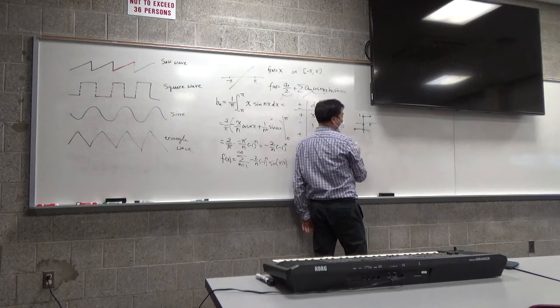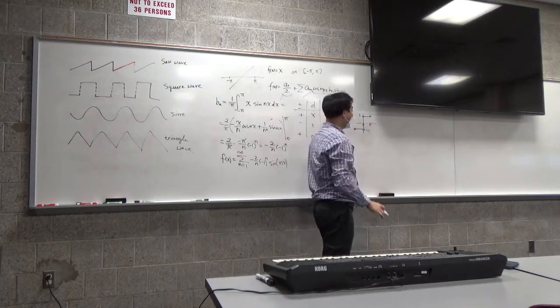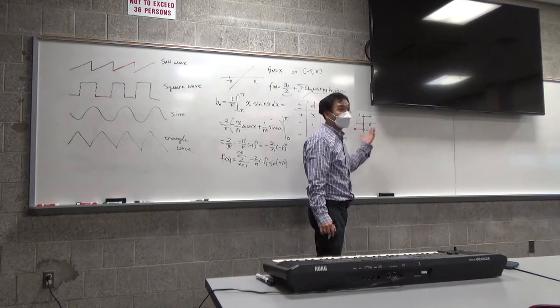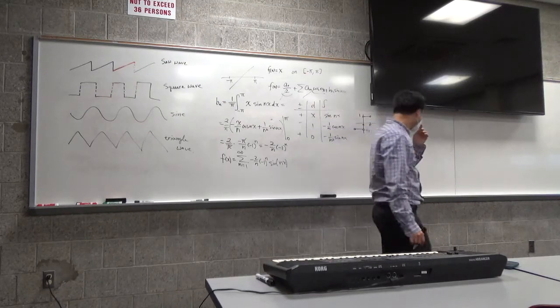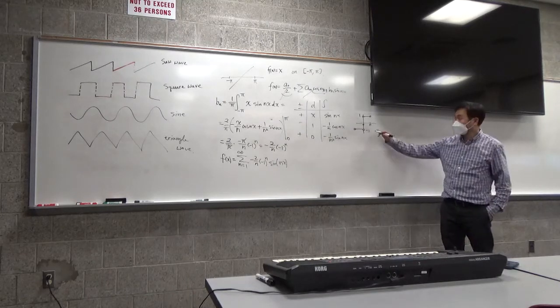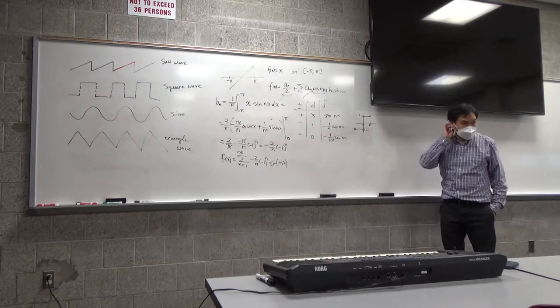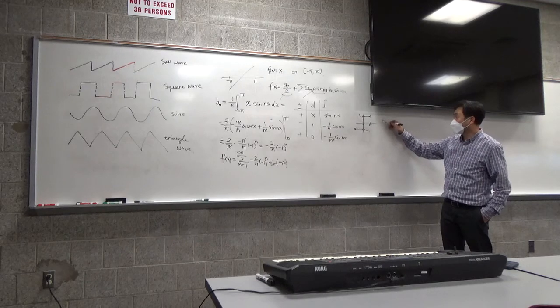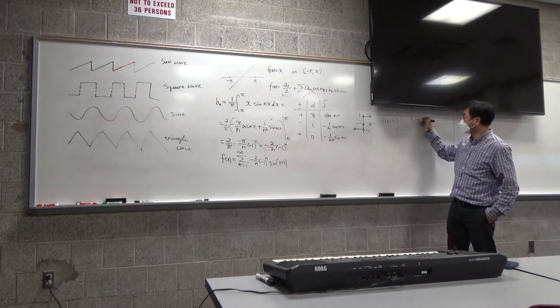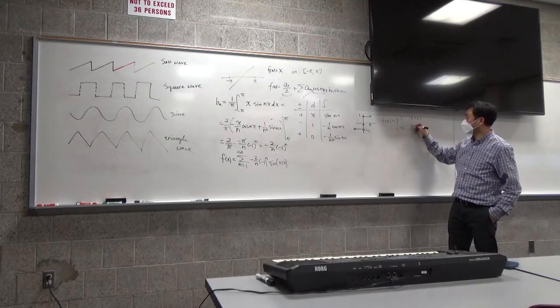So that's that portion. And if you repeated this many times, you're going to see a square wave. If you are curious how to represent this as a function, you will have to use a piecewise function. So f of x will be 1 when x is positive, negative 1 when x is negative.